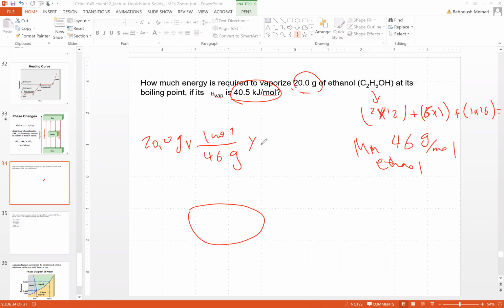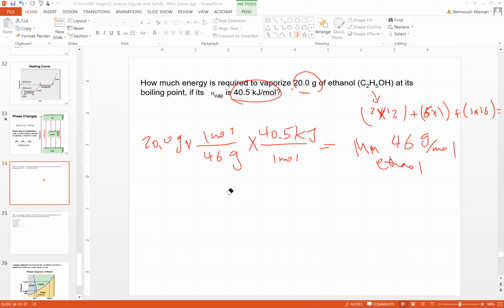And then you can say for every mole of ethanol, we need 40.5 kilojoules. You can do it in 2 steps or just use it all in one step.